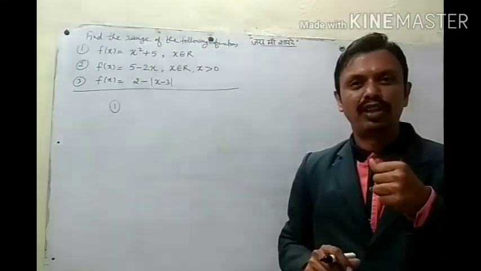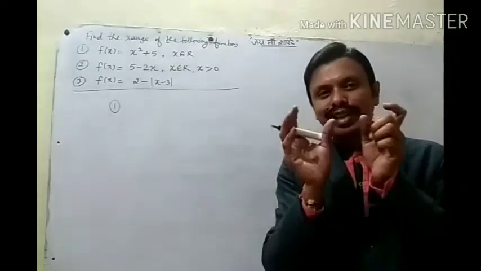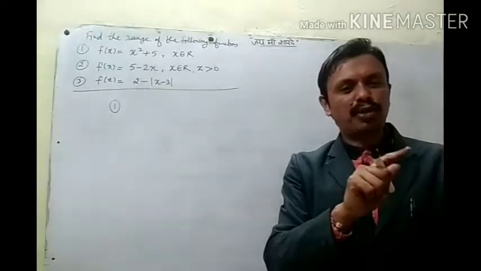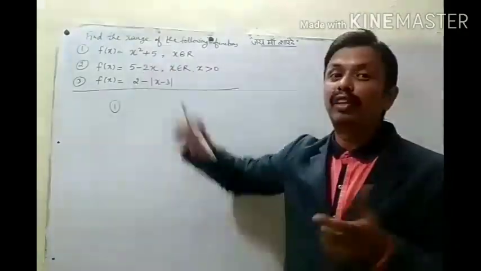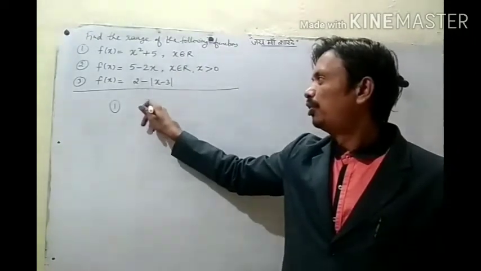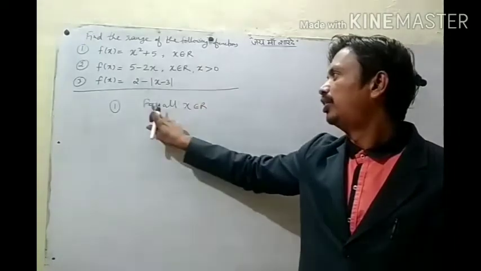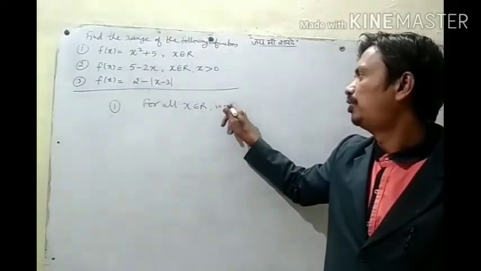X square. We cannot ask for one particular value. The value of x square can be positive or equal to 0. So if we take any value of x, then what will be the value of x square? For all x belongs to R, what do we have?